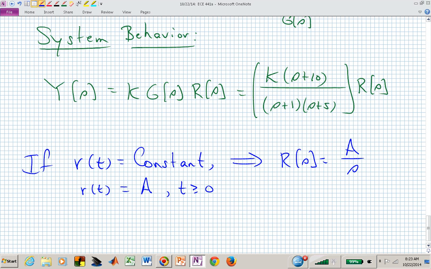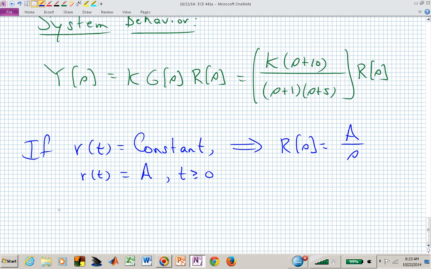Now, can you tell me structurally what y of t is going to be? What's the structure of y of t? Now, mentally put that R of s structure in, and now you have an expression for capital Y of s. And think back, a couple of semesters maybe.